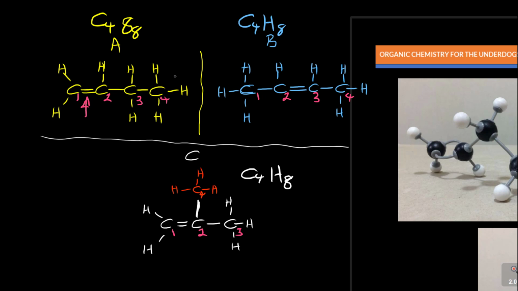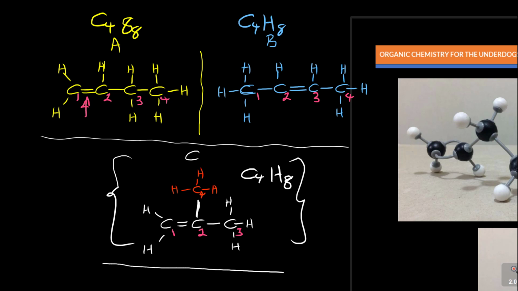Now, what do we mean by the position? Let's pause on this one. We cannot say this one is more of a structural formula, because in C the structure is totally different. But let's compare A and B, because that is where everything is.